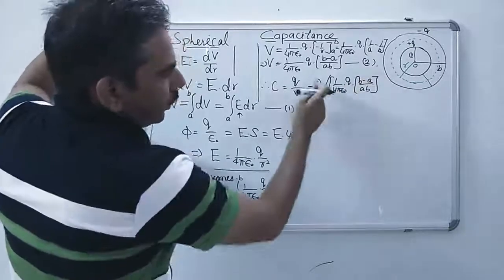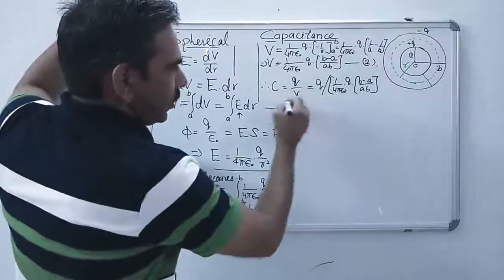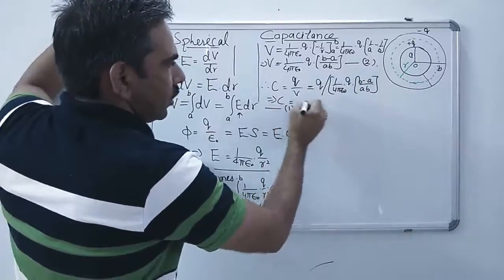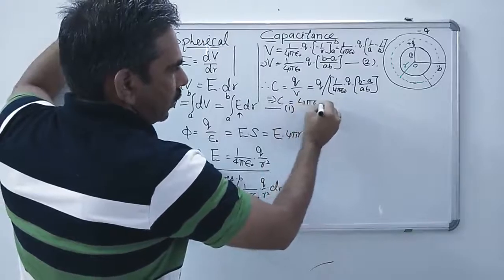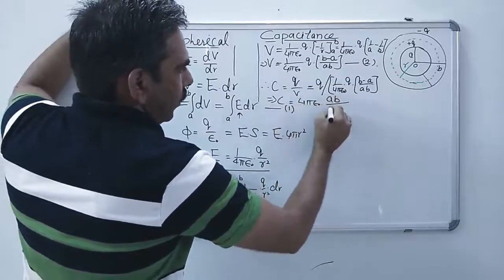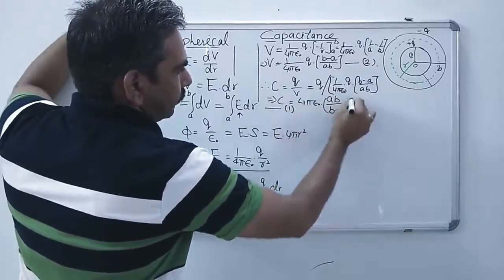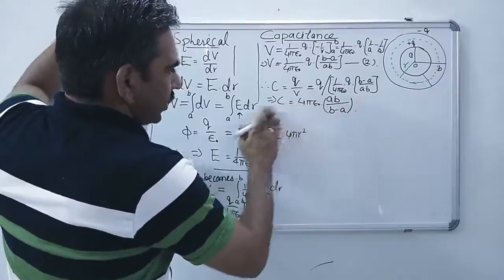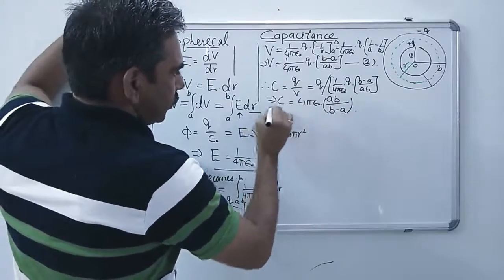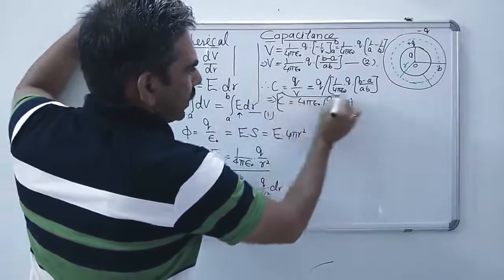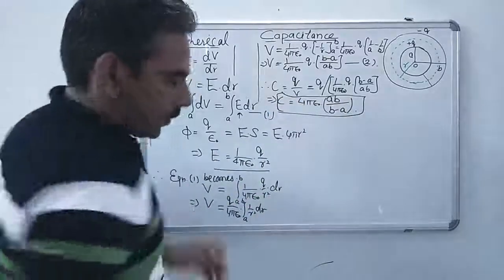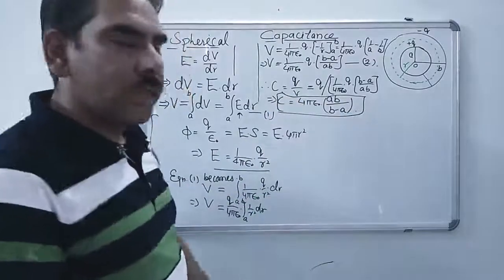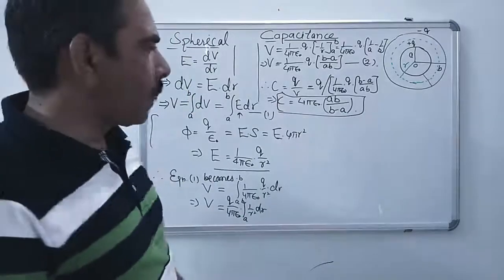So from here Q cancels out and whatever is left we write as 4 pi epsilon naught into AB upon B minus A. So this is the capacitance of a spherical capacitor having two concentric spherical shells.